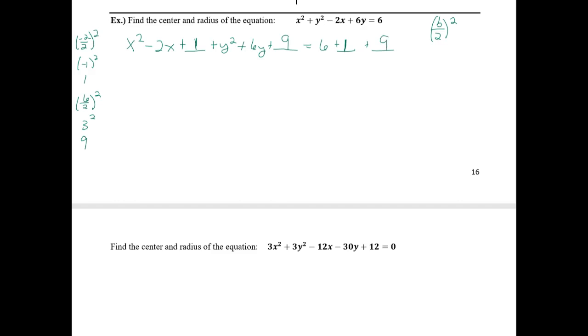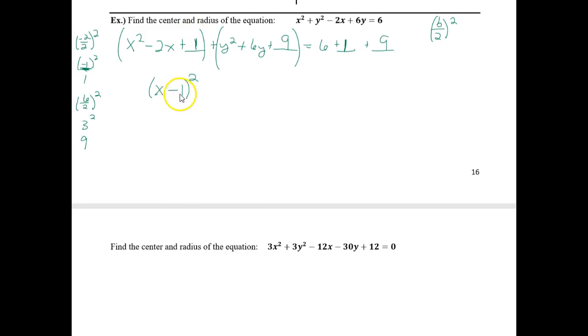And then we factor, right? So we factor this trinomial with the x's, and we factor the trinomial with the y's separately. If I did it right, it should factor into a perfect square binomial. So x, remember the trick was this value before we square it, x minus 1, that quantity squared. We can check it. Negative 1 times negative 1 is positive 1.